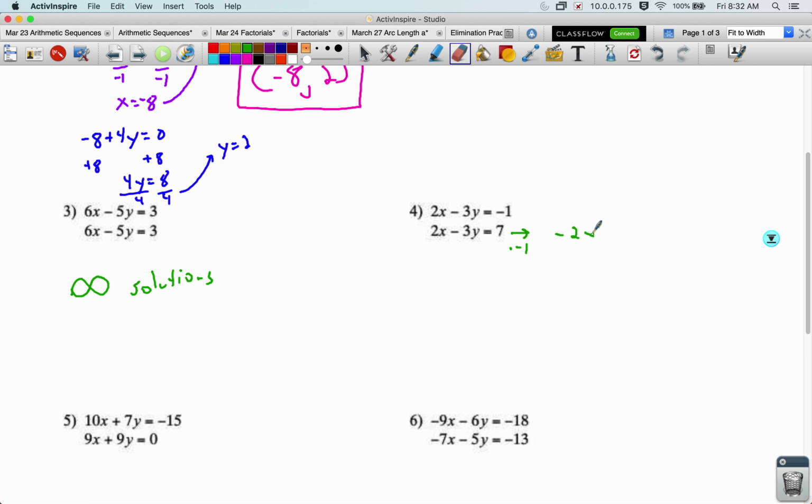Everything flips its sign. Top equation stays the same. I'm going to add these together. Because I have two 0 pairs, these cancel out, these cancel out, these cancel out, these cancel out. I'm left with 0 equals negative 8. This is a false statement, so this one has no solutions.